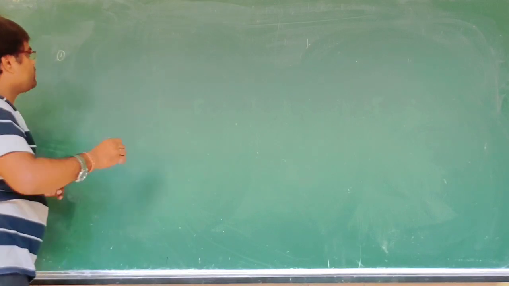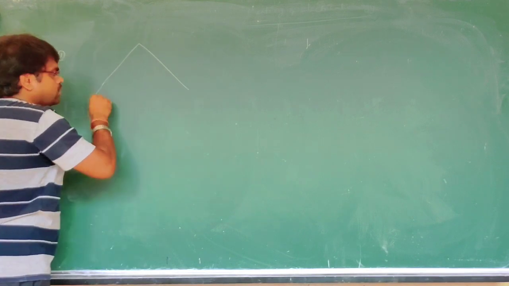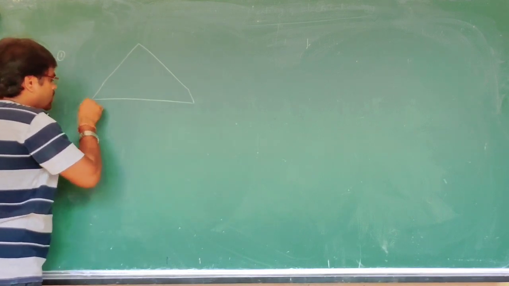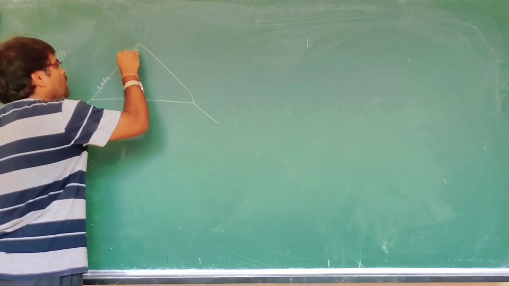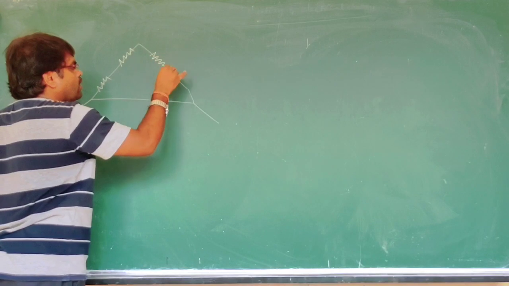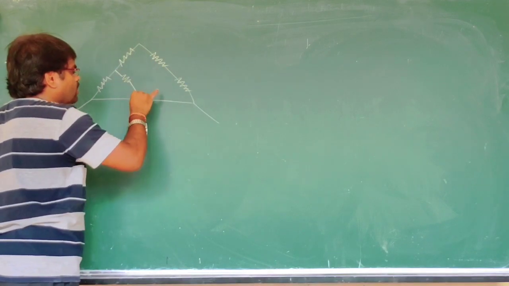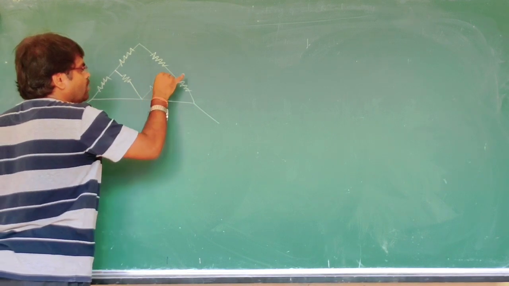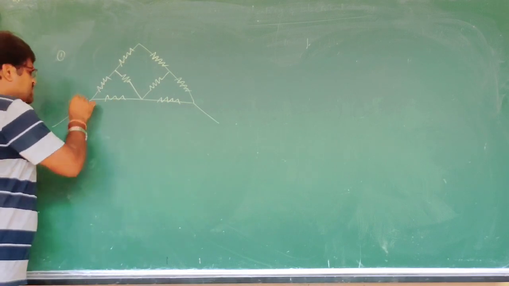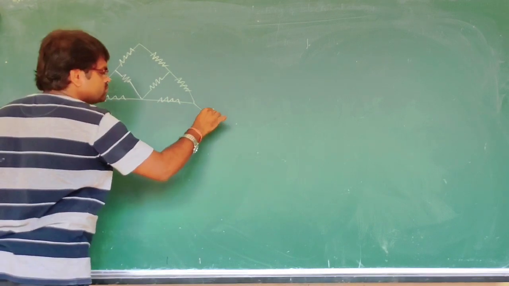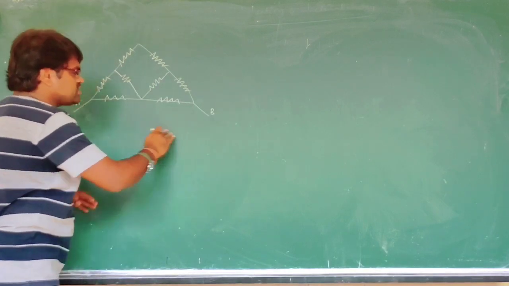First problem, you see, all resistors are equal. Now this A and B, all resistors are equal.